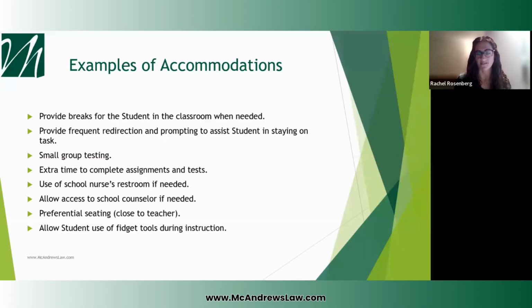There are a variety of testing accommodations that might be in place for a student who has a 504 plan, but not an IEP, such as extra time to complete assignments and tests. There could be an accommodation for using the school nurse's restroom if needed, rather than the general bathroom. There could be allowing access to the school counselor if needed. Preferential seating, like I discussed earlier, such as seating close to the teacher in the classroom. Another accommodation could be allowing a student to use fidget tools during instruction.